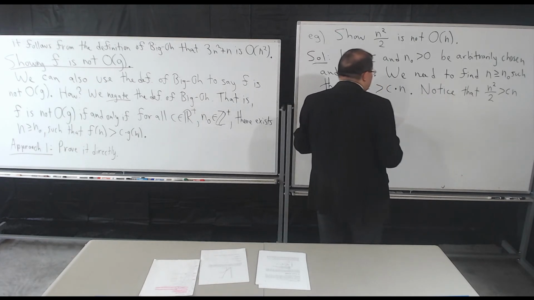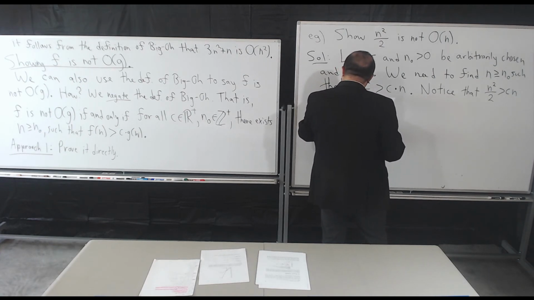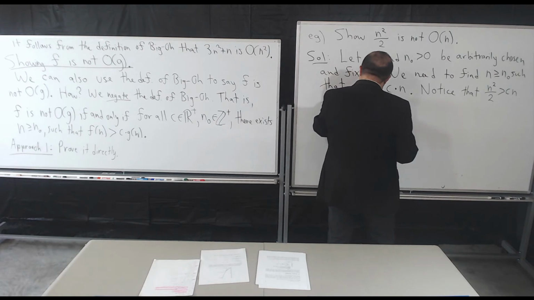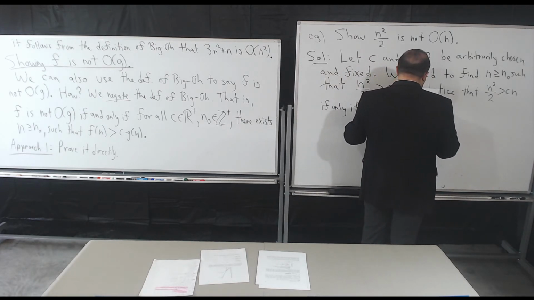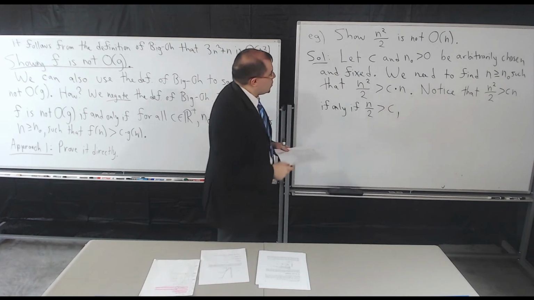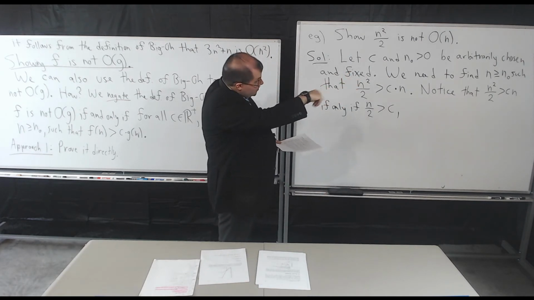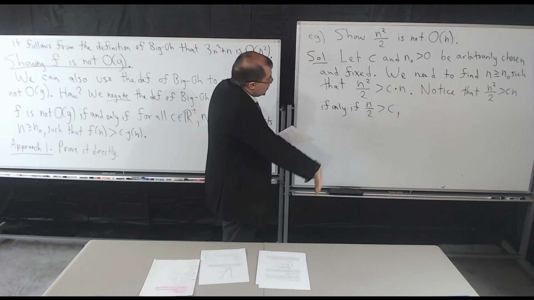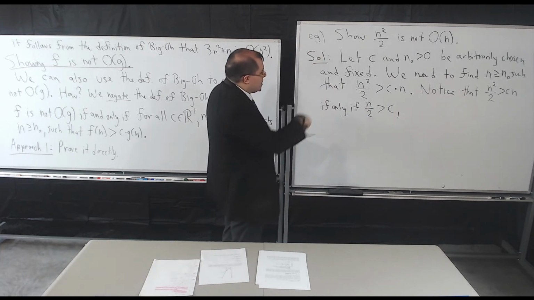So n squared over 2 is greater than c times n if and only if n over 2 is greater than c. How do you get this? Well, if you divide by n on both sides of the inequality, I end up with n over 2 is greater than c.